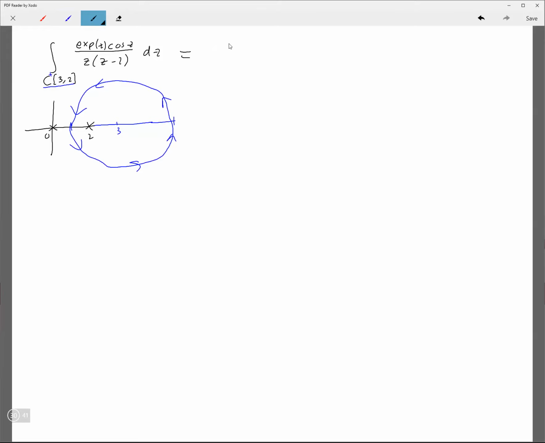So that means you look at the integral this way.